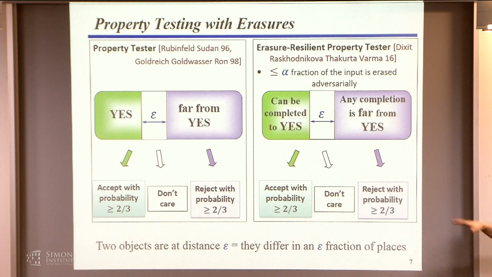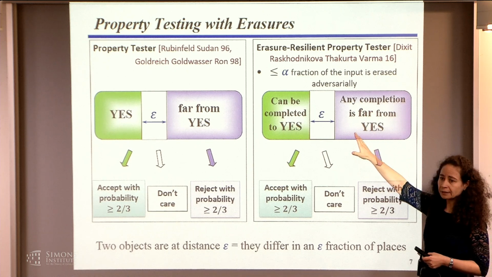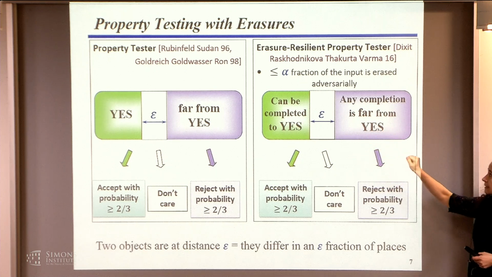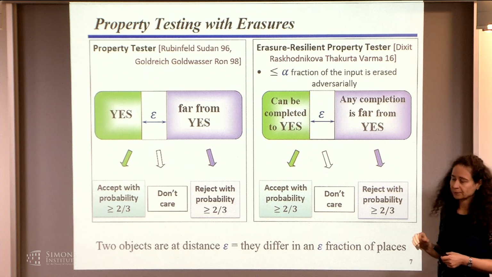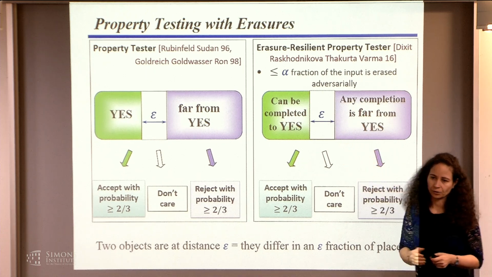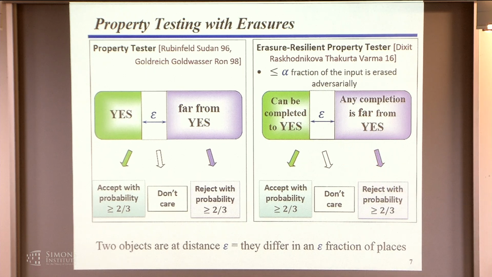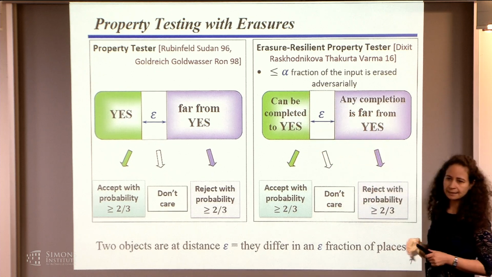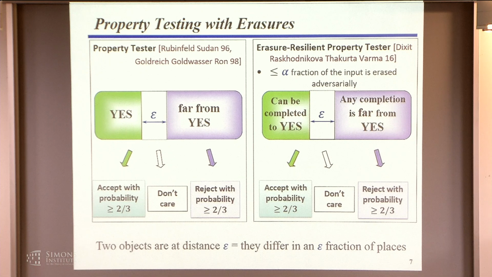And if, any way we fill in the erasures, the answer is far from being yes, then we want to say no with high probability. Otherwise, we don't care. So now there are two parameters: the fraction of erasures and the distance, which is our approximation parameter that we care about. Are there any questions about the model?